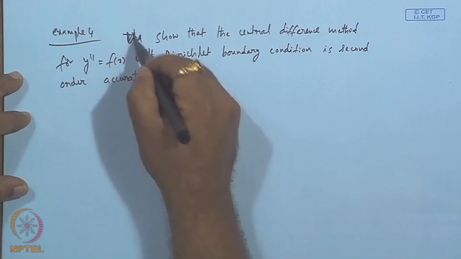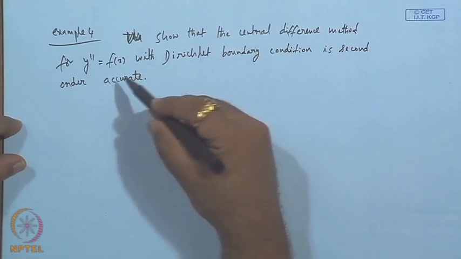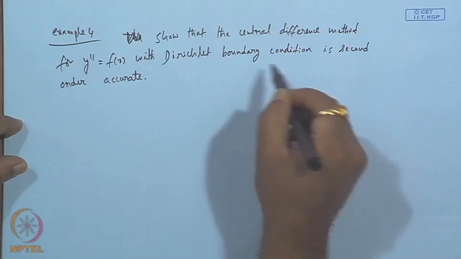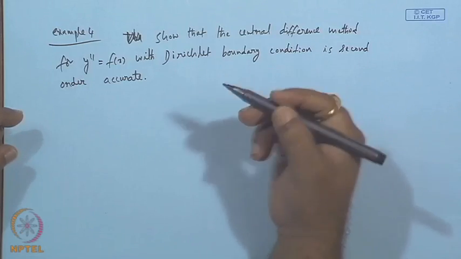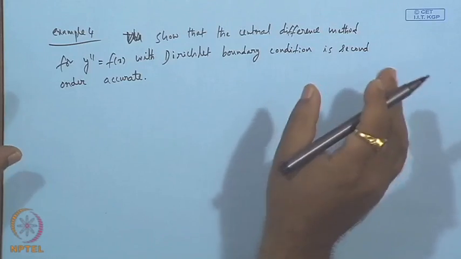That means we have to show that the error is second order.